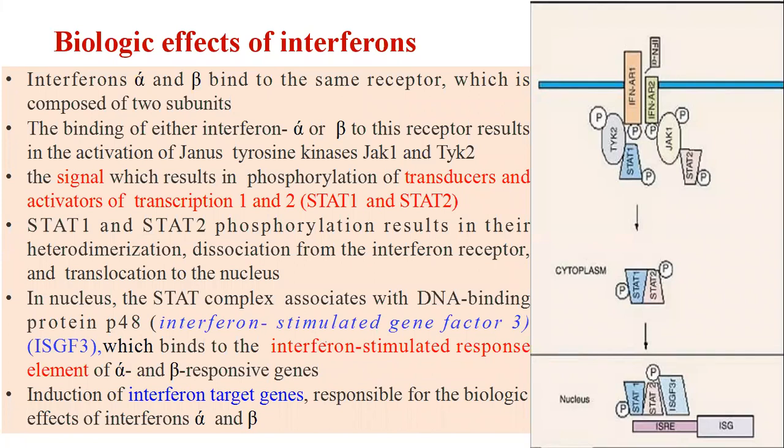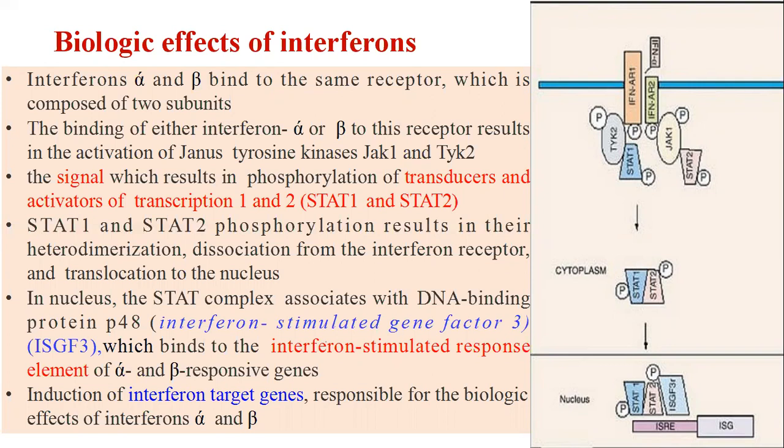Interferons alpha and beta, as I have already mentioned, share the same receptor, which is composed of two subunits. The binding of either interferon alpha or beta to this receptor results in the activation of Janus kinases, known as JAK1 and JAK2.